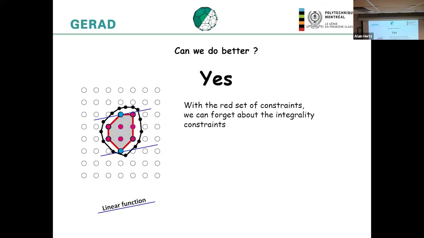But what makes the idea very interesting is that if you have a linear function, then you can forget about the integrality constraints, because the optimal solution of a linear program is an extreme point, and an extreme point of this convex hull is an integer point. So what we would like to know is what is this set of red constraints instead of the set of black constraints.